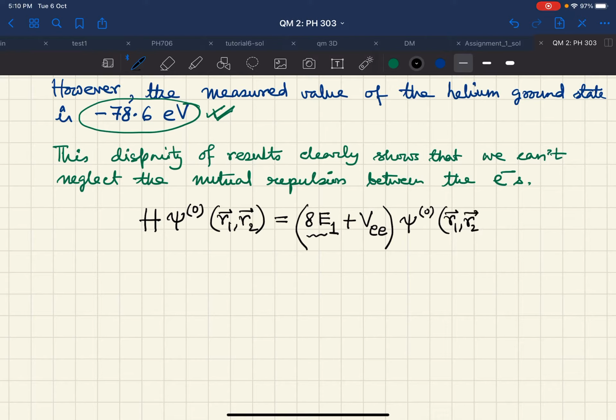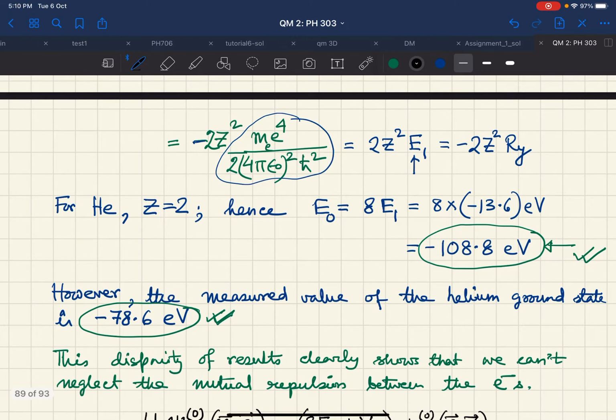So let us understand this equation clearly. This 8 times E1 is nothing but the E ground state of helium or hydrogen. So, according to this equation, the ground state energy of the helium atom is 8 times the ground state energy of the hydrogen atom.